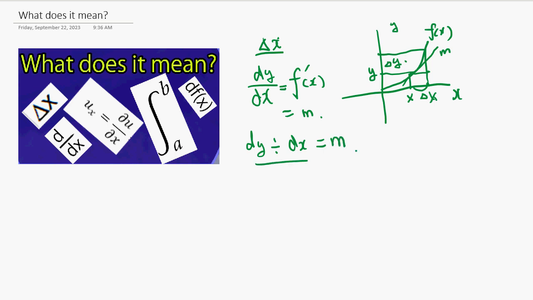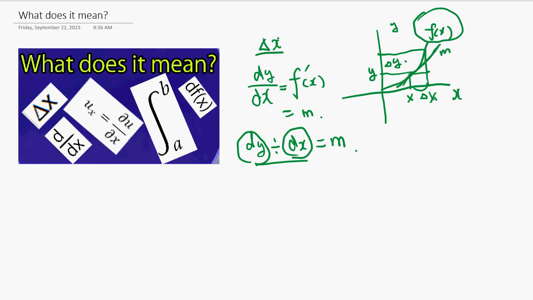Now, what are dy and dx? They are also increments, but not along this f(x) function. It's along this slope function.